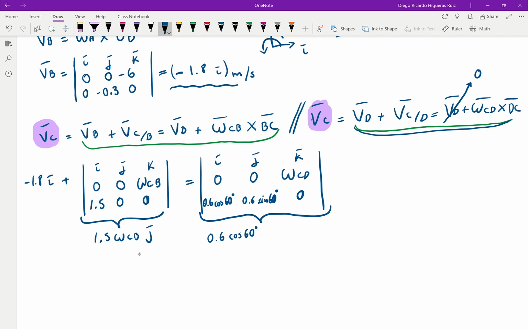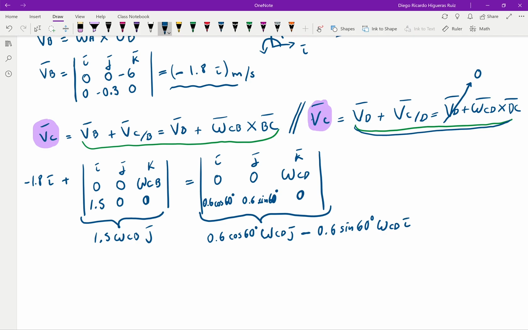Let me see, I need to double check. Okay, that's going to be omega CD and then J. Need to double check. Okay. And then that's going to be minus 0.6 sine of 60 degrees omega CD I.